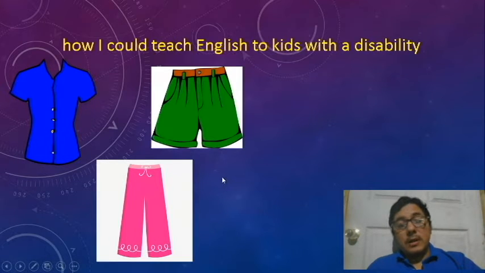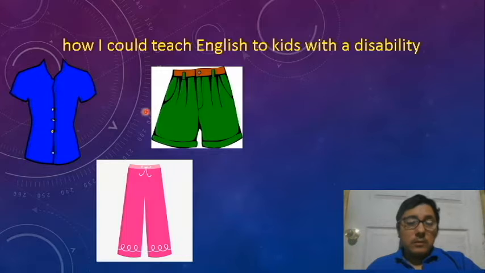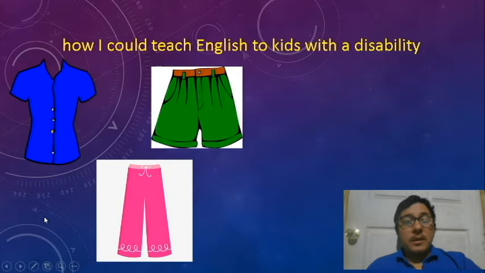What's more, I make groups and I include the special kids so that they try to get familiar with the topic being studied. For example, I will teach the colors with these garments. I will show the garment and at the same time I will say the color. This is just one idea of how I could teach clothes for children with some disabilities.